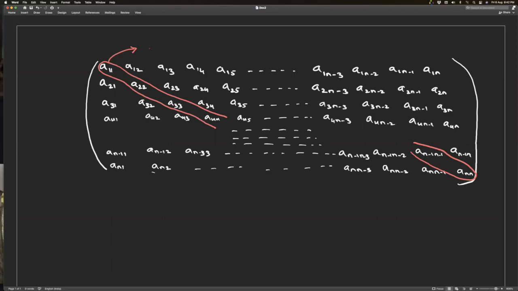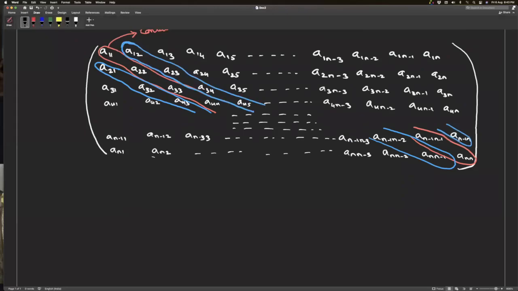That is, the diagonal of the matrix contains non-zero numbers, and similarly the lower and the upper diagonals also contain non-zero values. That is, this part, which is the lower diagonal of the matrix, and similarly the upper diagonal, should contain non-zero elements. All other elements should be 0.